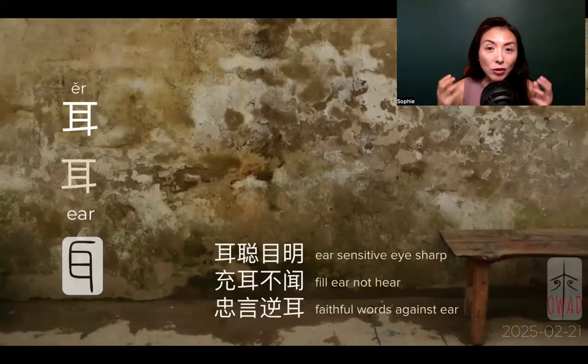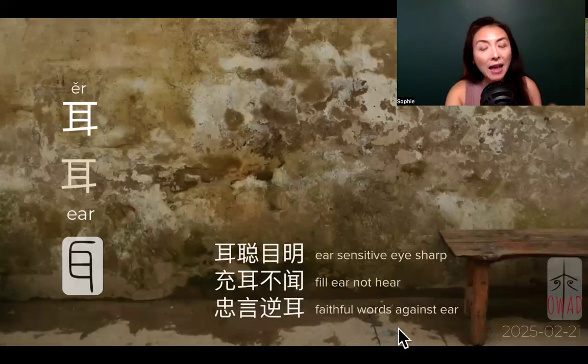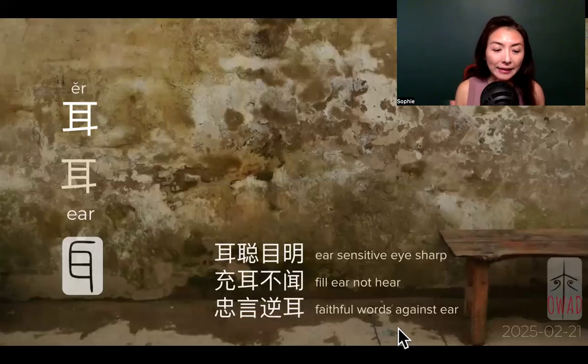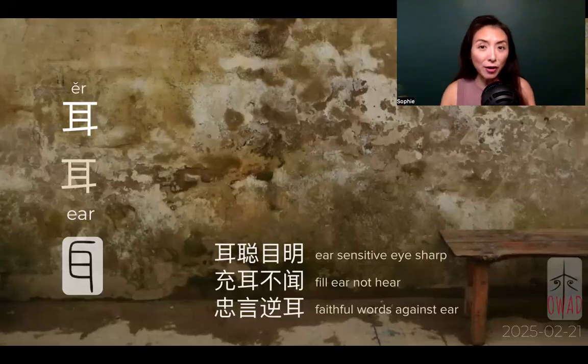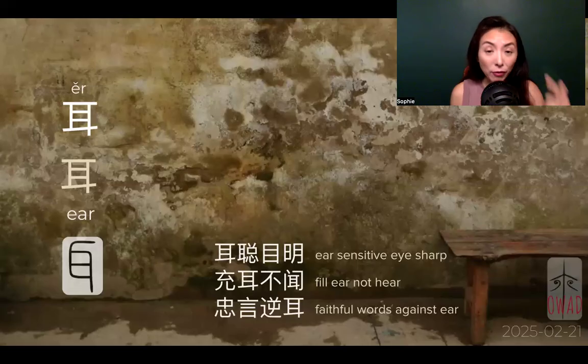The words can sound bitter, can be really hard to hear, but it's a faithful word. So the value embedded is in this faithful word. Faithful words can be regarded in two layers. One is realistic words. It's honest feedback of your behavior perceived by others around you, right? So that's the first layer.